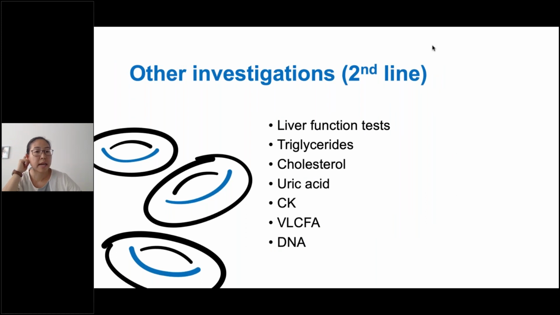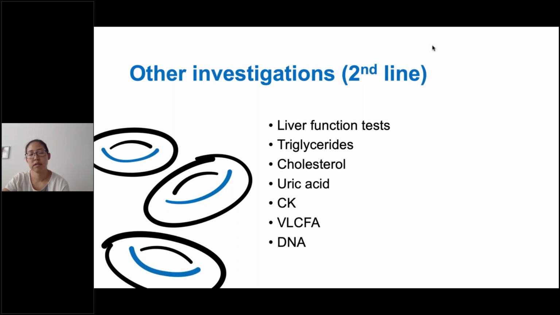So there are other second line investigations, so liver function tests, triglycerides, cholesterol, uric acid, CK, very long chain fatty acids, and DNA as well. When we talk about liver function, triglycerides, cholesterol, and uric acid, they're focusing mainly on certain glycogen storage disorders. The CK is looking mainly for a fatty acid oxidation disorder.